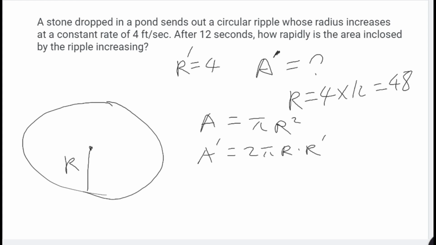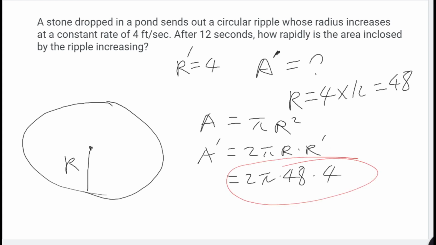Are we ready to calculate A prime? Well, we know r prime, so just plug in. So it's going to be 2 pi, r is 48, r prime is 4, with a calculator we see what this is. That's how fast the area is increasing.